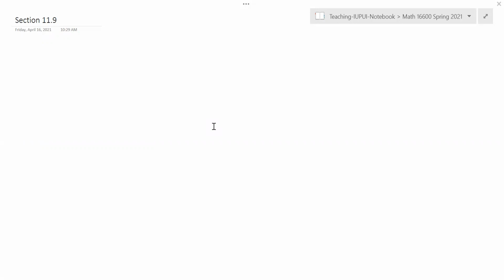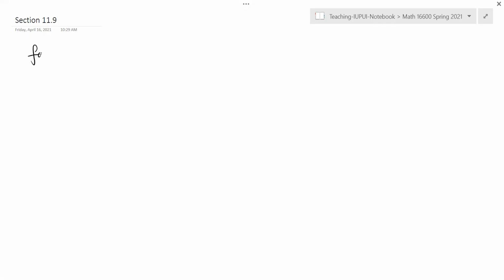Okay, today we're going to continue studying power series. Actually, this is a problem from 11.8. It's an interesting problem. Here's a function.